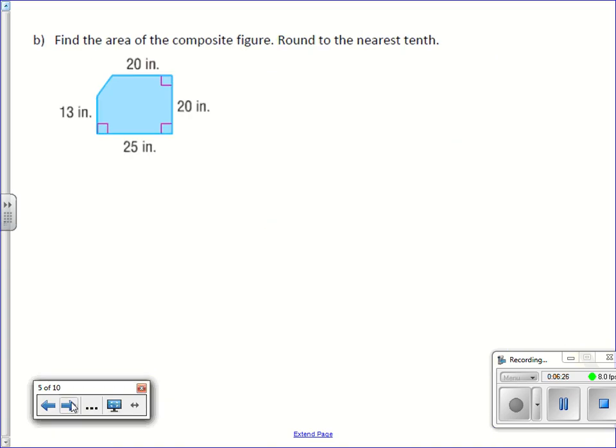Letter B. Find the area of the composite figure, round to the nearest tenth. Let's see how we can split up this figure. Okay, I see a way. We can draw a line here, which leaves us a rectangle down here, whose side length is 13 and whose base is 25. So we have a rectangle.